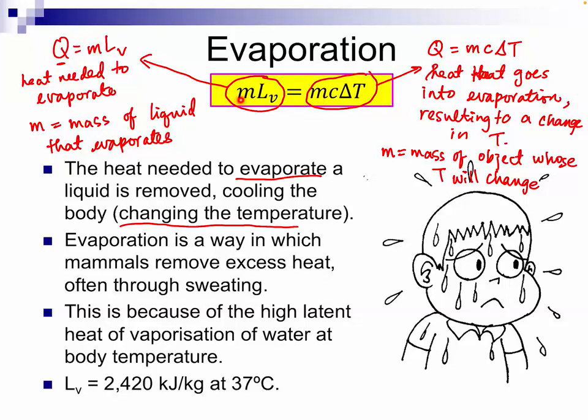The mass in mL_v is the mass of the liquid that evaporates, and therefore uses this amount of heat, whereas the mass in mcΔT refers to the mass of the object whose temperature changes. So we're looking at two different masses here, and therefore these masses don't cancel each other out.